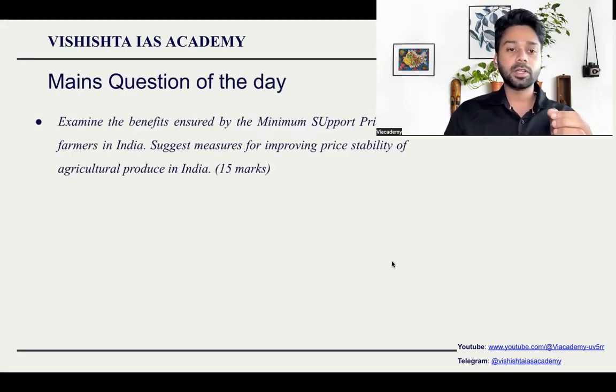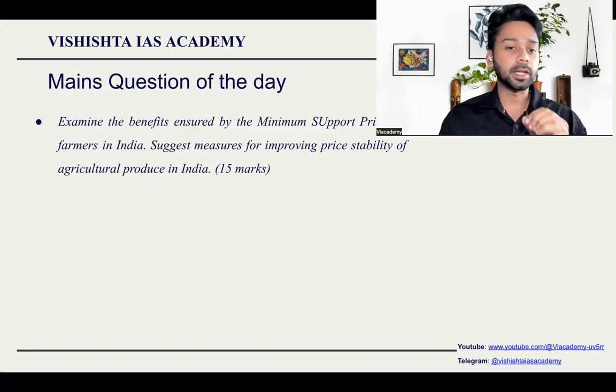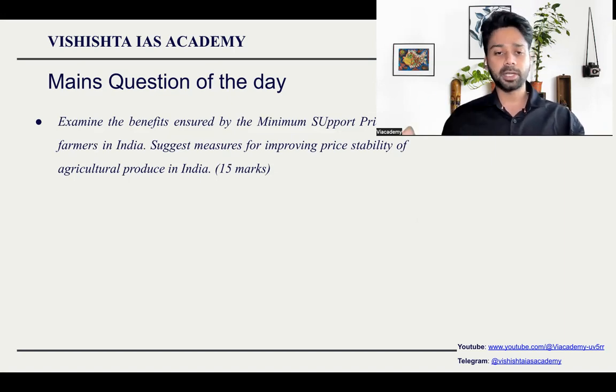Mains question of the day: Examine the benefits ensured by the minimum support price for farmers in India. The Indian government has been providing minimum support price for farmers so that when they produce crops, they can sell them at a guaranteed price to the government. So what are the benefits? A lot of benefits are there.